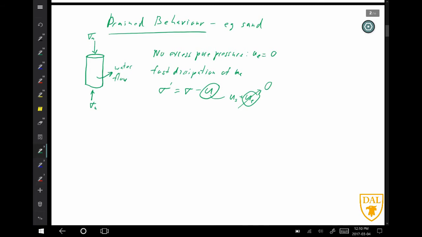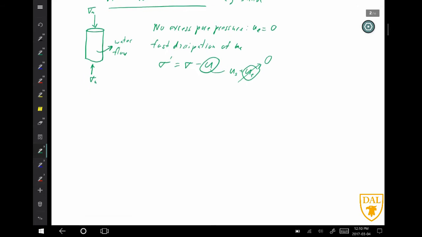So that doesn't mean you don't have any kind of water pressure, but you just have the static kind, right, which is usually pretty straightforward. Depends usually on the depth below the water table and other factors about seepage and so on.